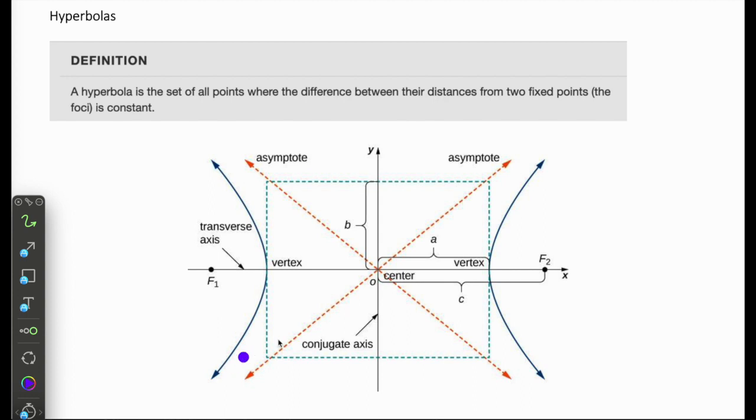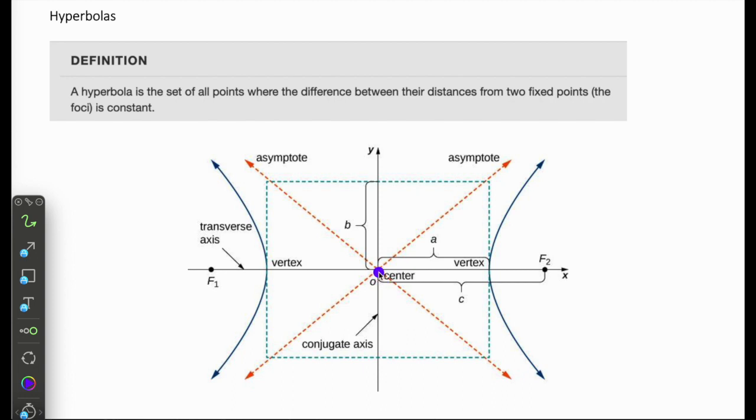But with a hyperbola, because we have these asymptotes that cross through the center, when it opens up, it's going to get more linear rather than more rounded. So that's the difference in the shapes between a parabola and a hyperbola.